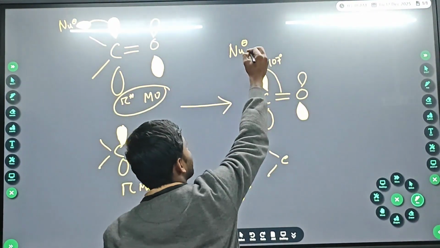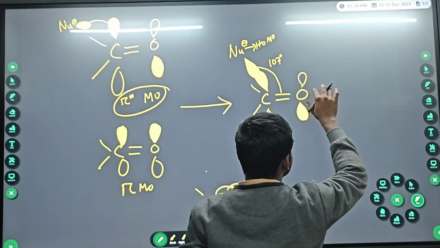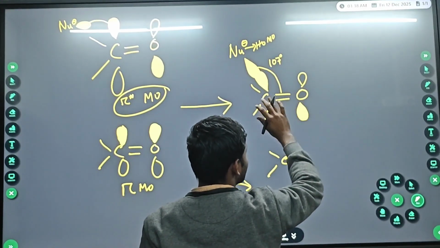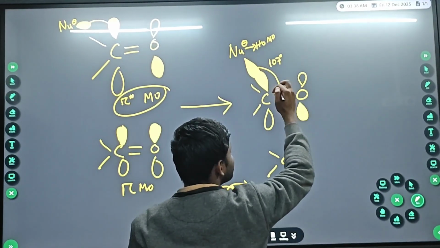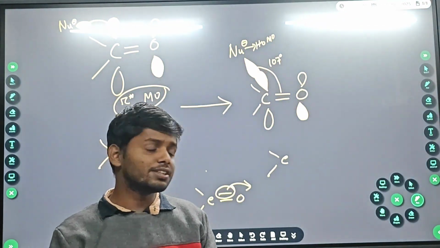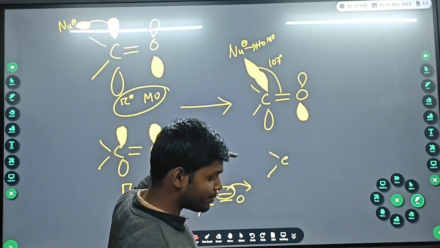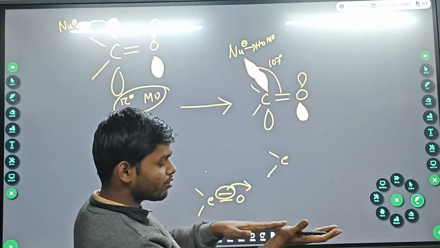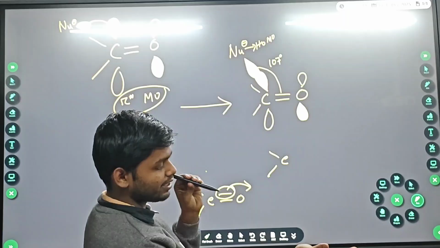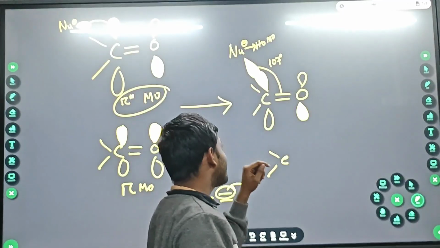The HOMO of the nucleophile and the electron rich source of this carbon-oxygen bond repel each other very highly. That higher repulsion makes the attack slightly bent. The nucleophile will attack slightly bent. Let's say this is the carbonyl compound on my hand, planar. The hydrogen will attack slightly bent. That is very feasible for the reaction.